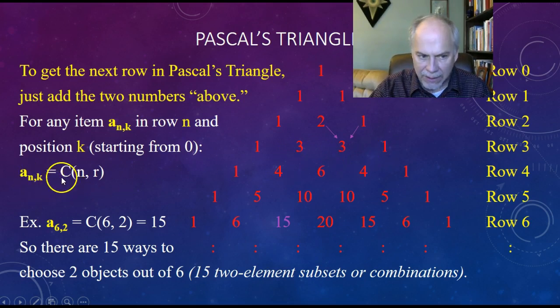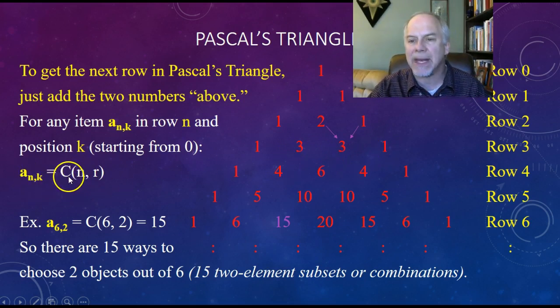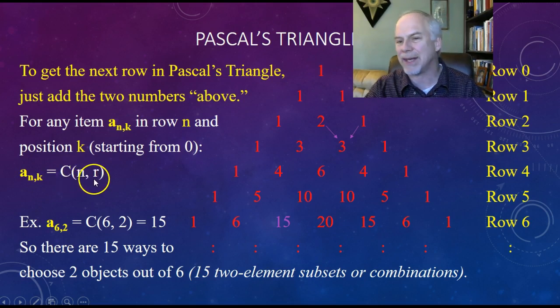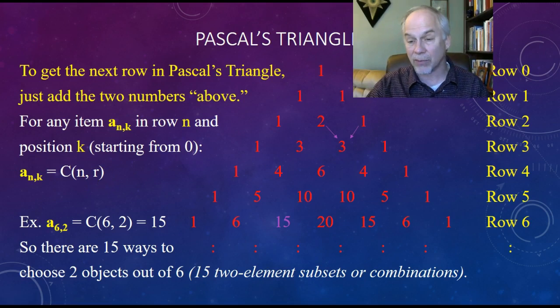The item is equal to the combinations of n things taken r at a time. So Pascal's Triangle relates to combinations, and the formula we had for combinations. Okay, so it's combinations of n things taken r at a time.